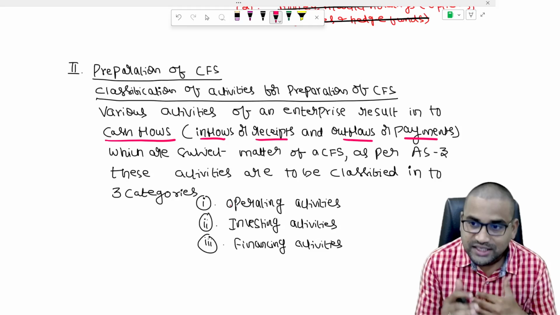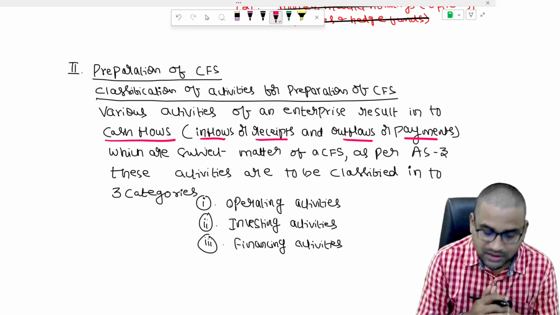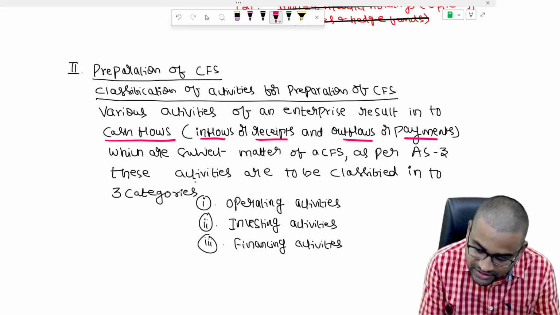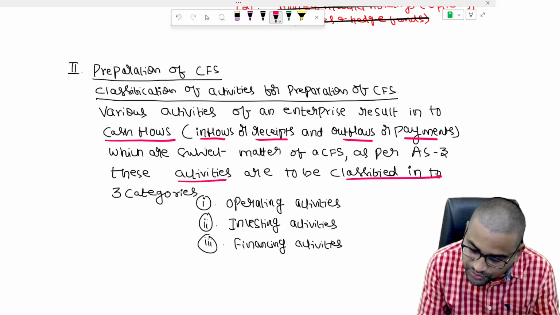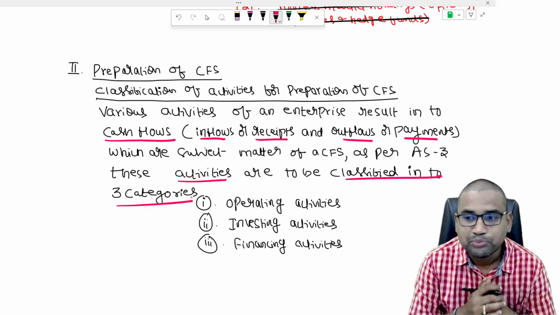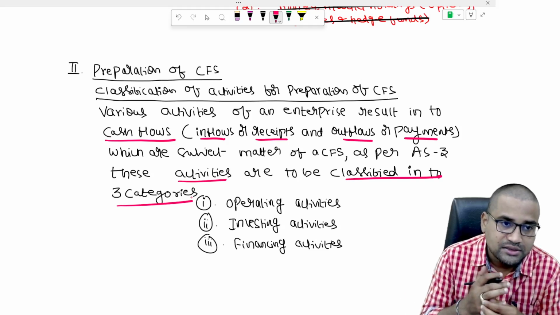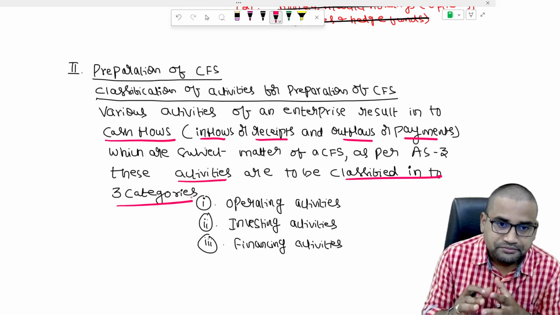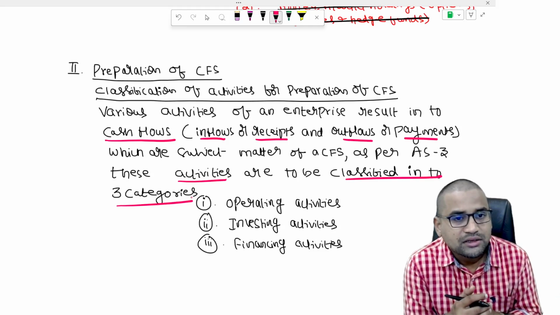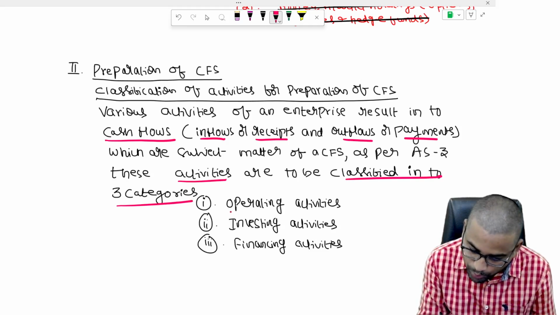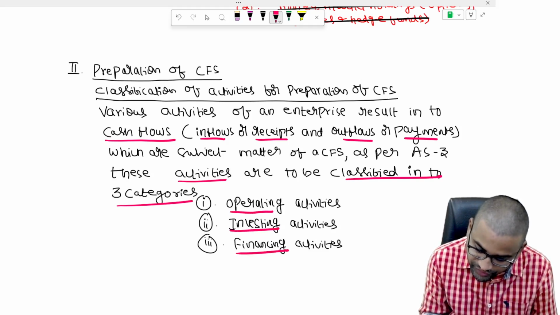Now, the various cash activities which are the subject matter of the cash flow statement as per Accounting Standard 3 are classified into 3 categories. This is very, very important, because when you are preparing the cash flow statement, you should remember these activities. According to AS 3, they are divided into 3 types: operating, investing, financing.